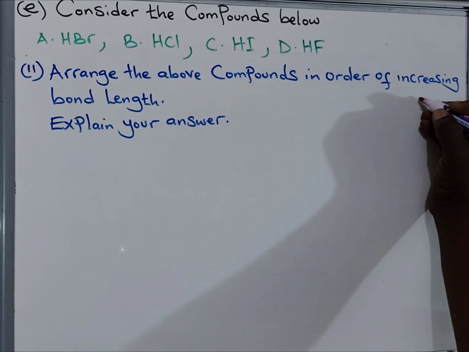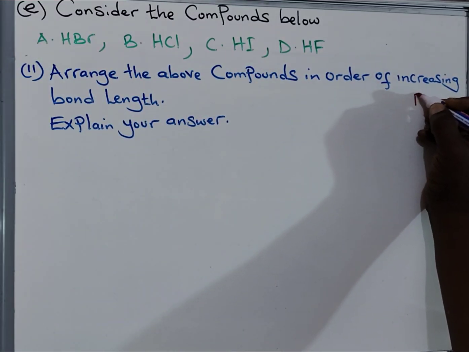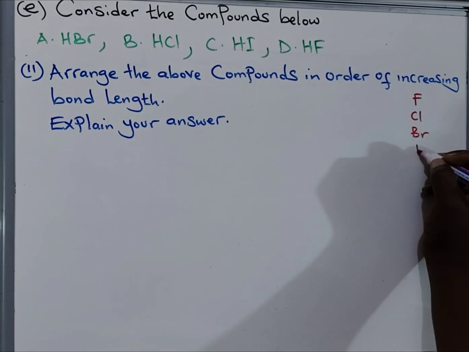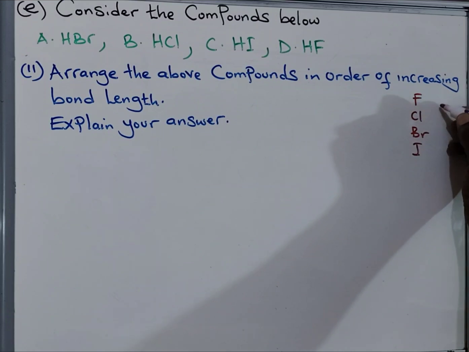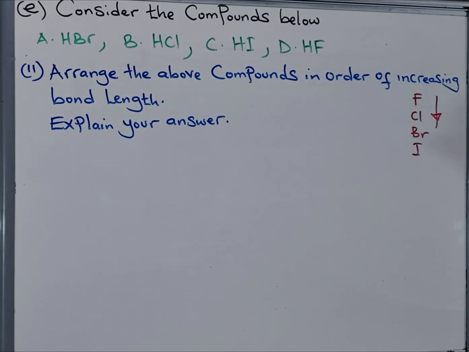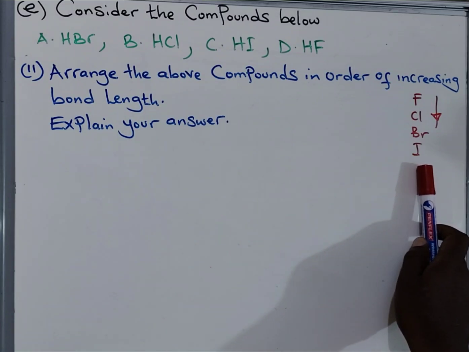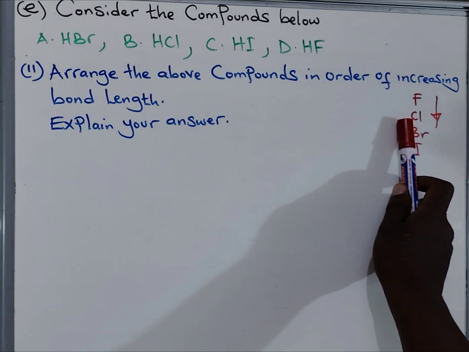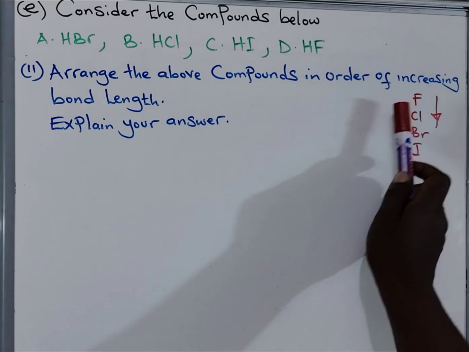And remember, atomic size increases as you go down the group. So in other words, iodine is the biggest, followed by bromine, followed by chlorine, then fluorine.